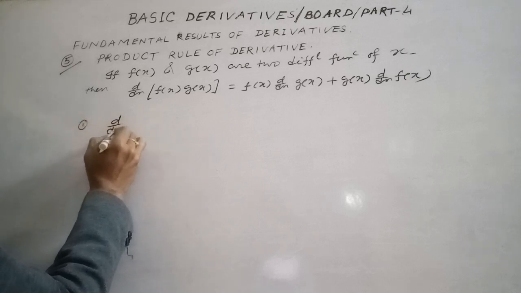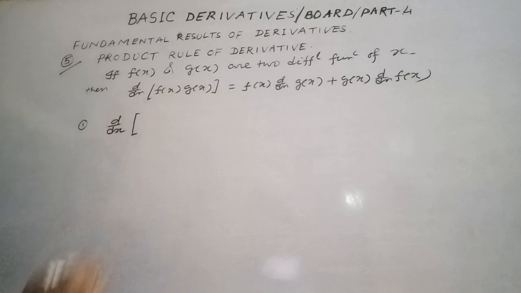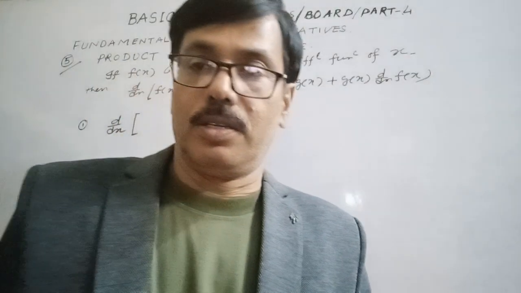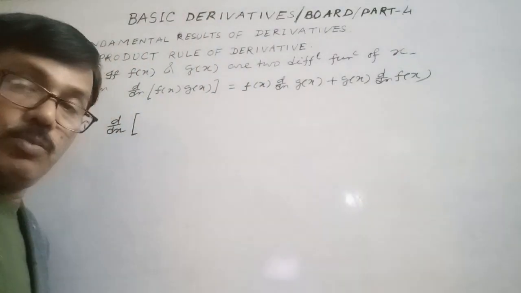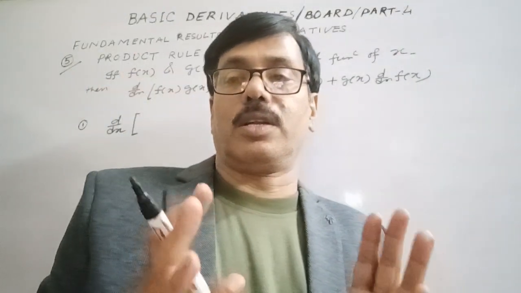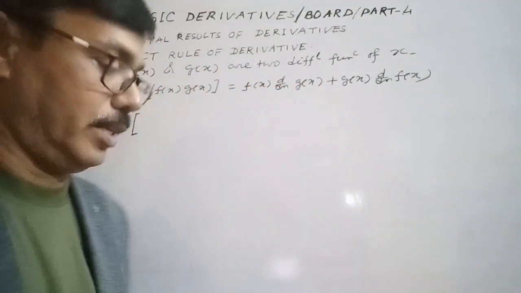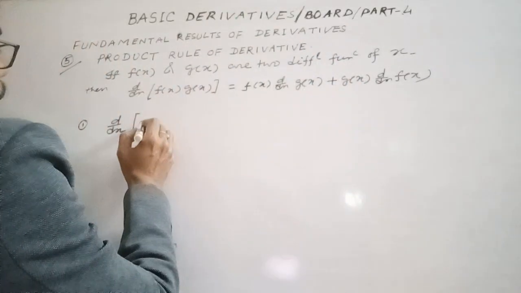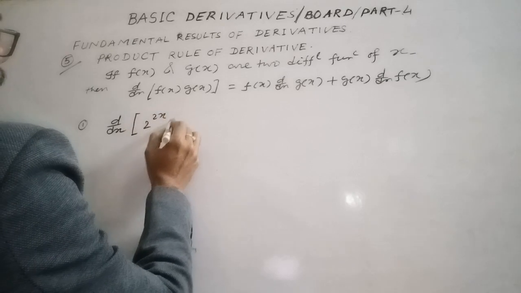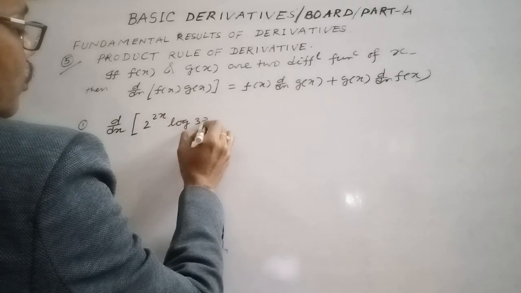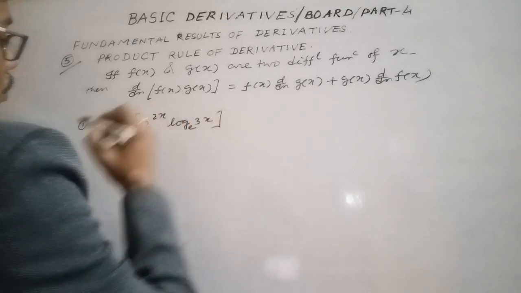So application, d/dx of, but what is our main aim? To remember all the 10 standard results. d/dx of 2 to the power 2x into log 3x base e.